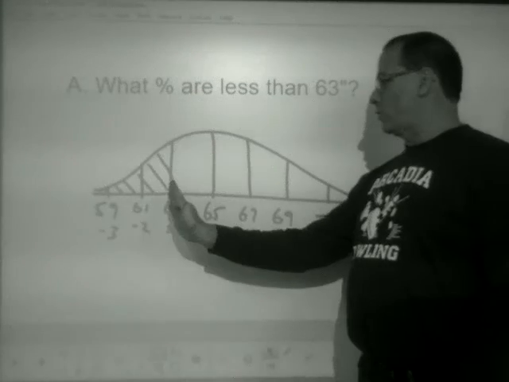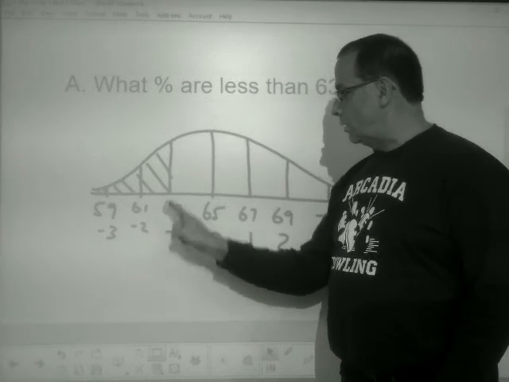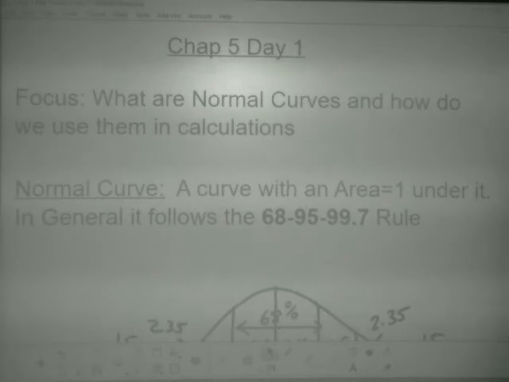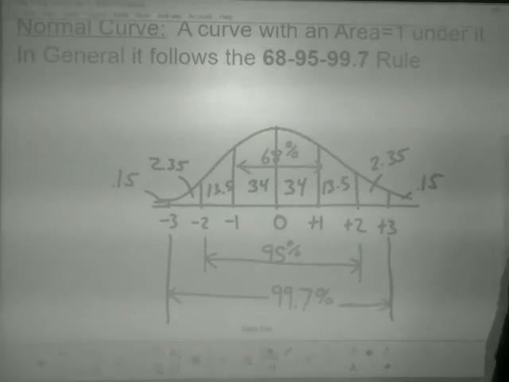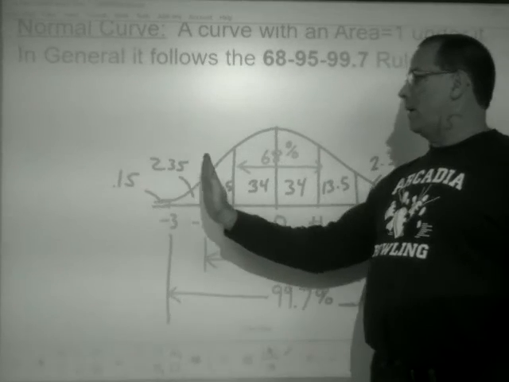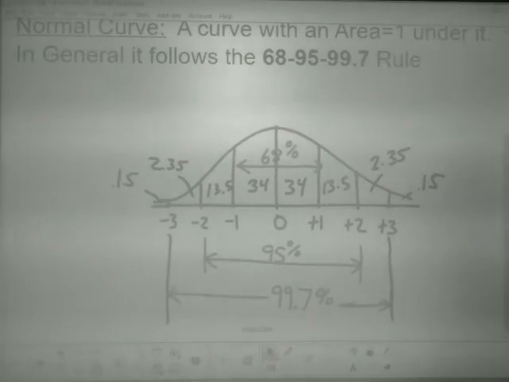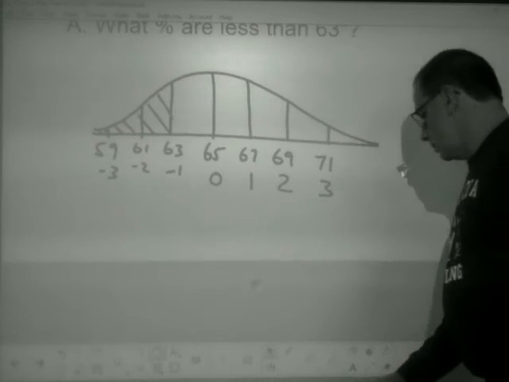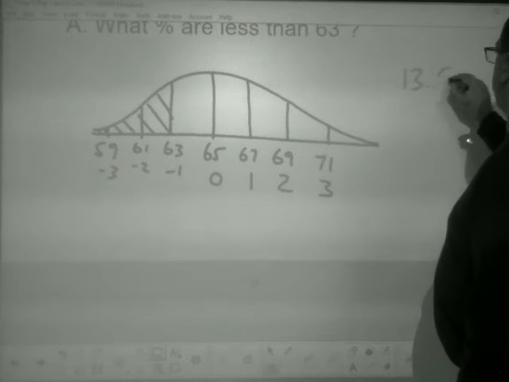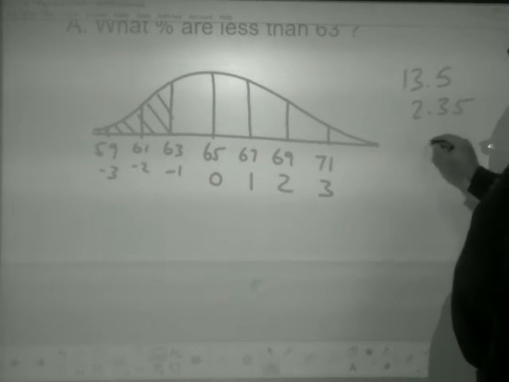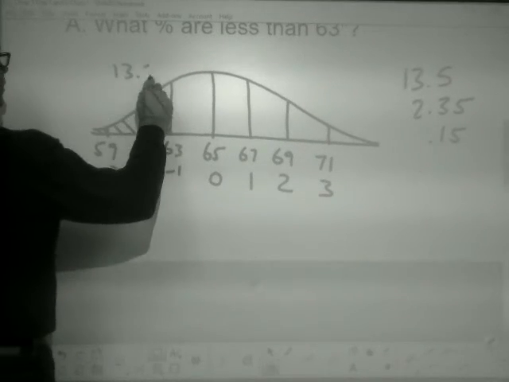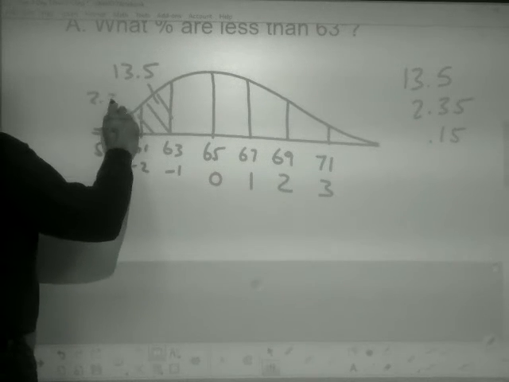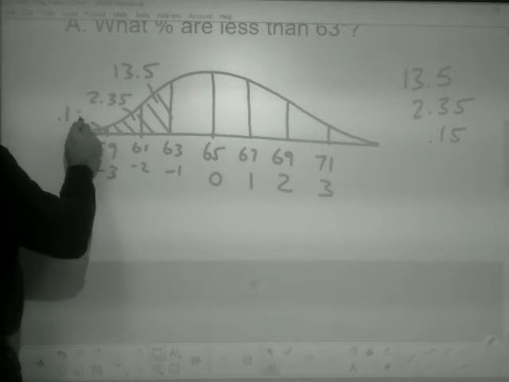Given this information, I'm less than 63, which is less than -1 standard deviation. So from -1 over, that's what I have to add up. I just add these up: 13.5 plus 2.35 plus 0.15. This one is 13.5, this is 2.35, and this one here is 0.15.